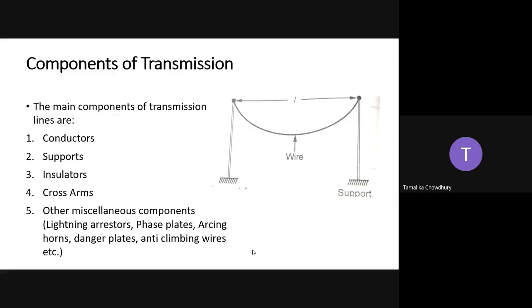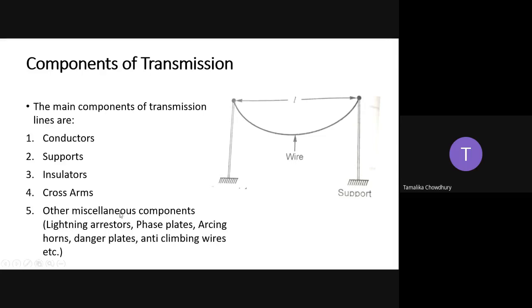Now, as we are entering the overhead transmission lines, something needs to be remembered: the conductors, supports, insulators and cross arms should have some particular features, rather, characteristics.